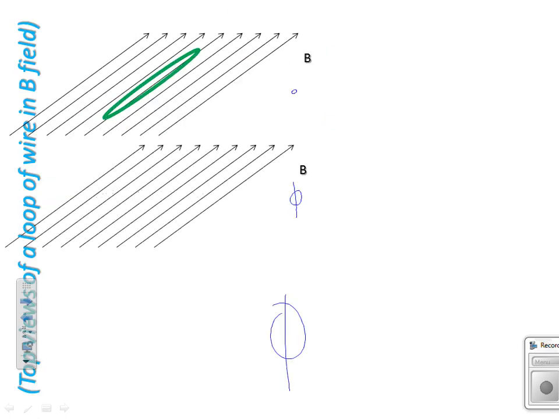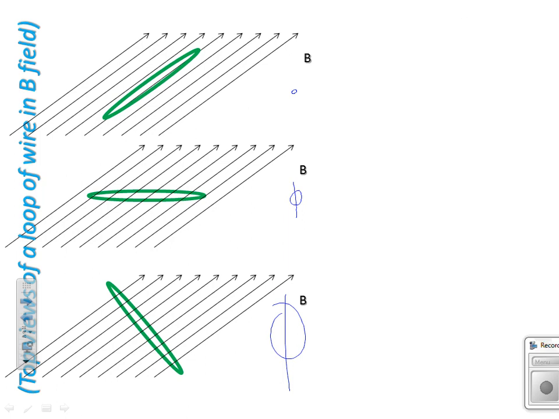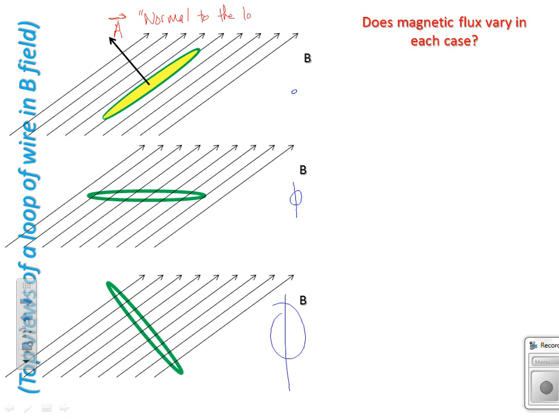Notice that in these cases, this is literally what we call the area vector. That's a vector that we call the area vector. We say that the area vector is, quote-unquote, normal to the loop. Normal means perpendicular, like a normal force is perpendicular to the surface.